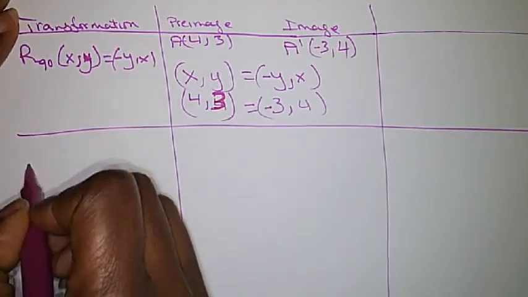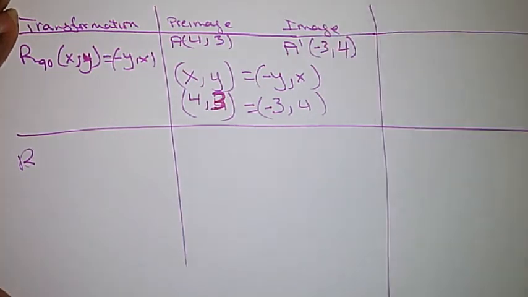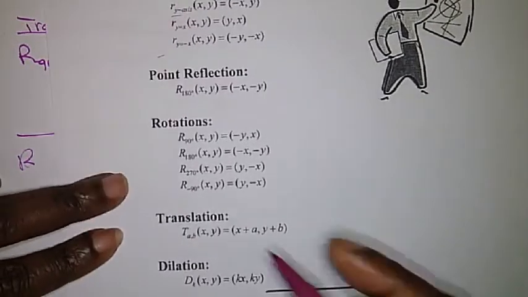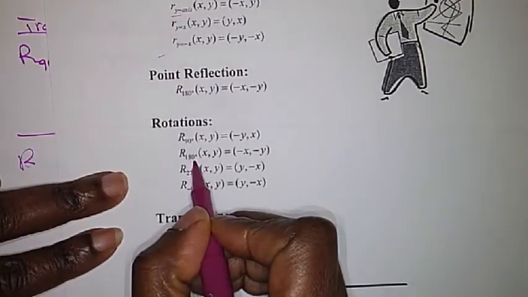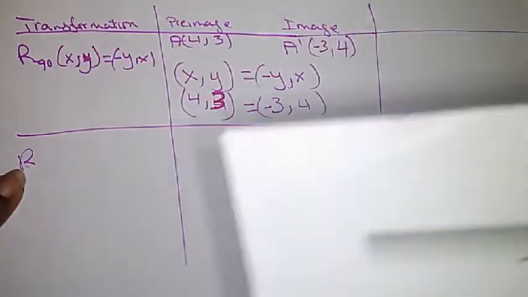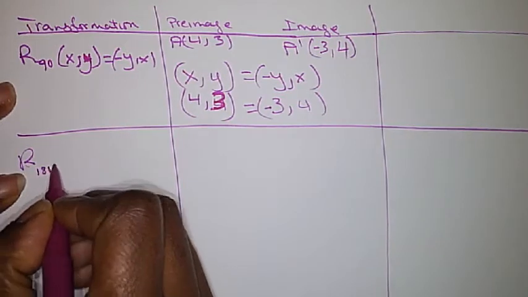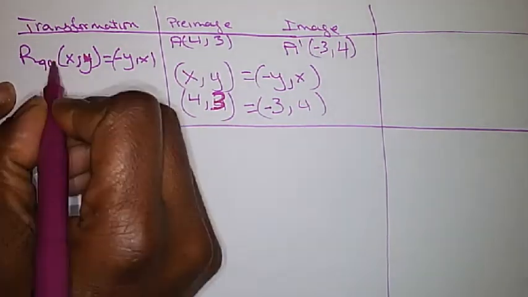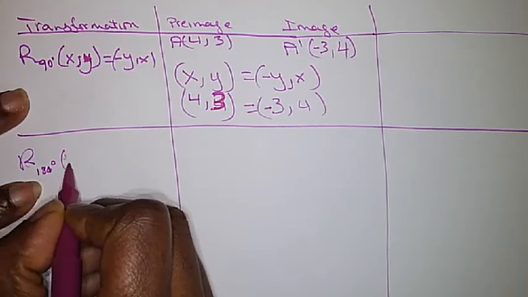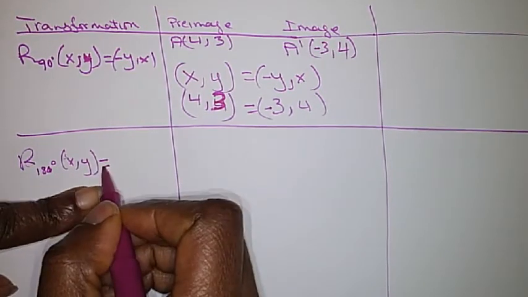Second example, we're going to do a rotation of 180 degrees. Back to the note sheet. Let's copy the rule onto the sheet: rotation 180 degrees, (x, y).